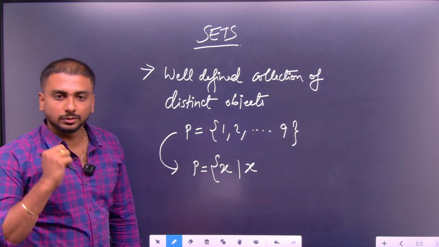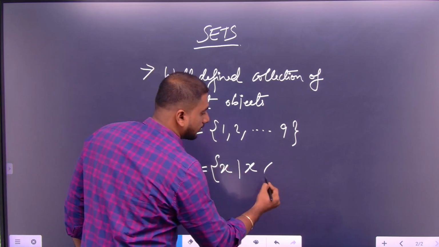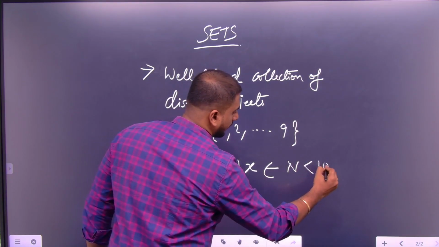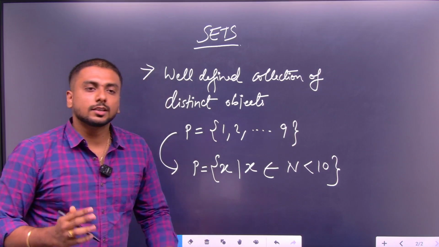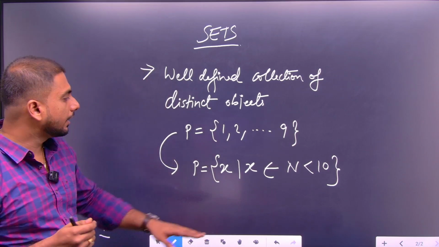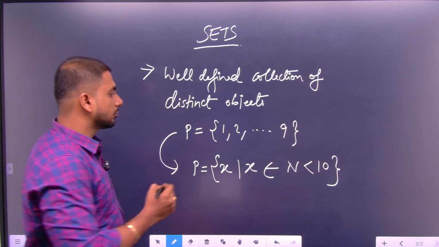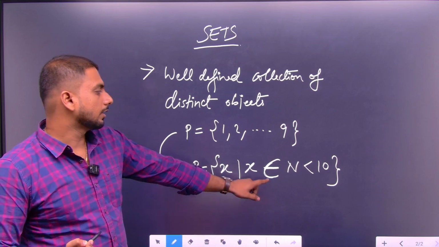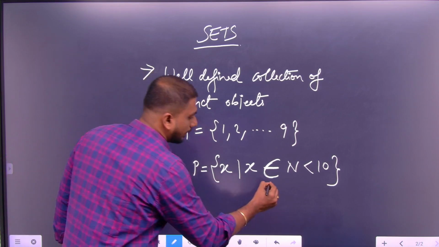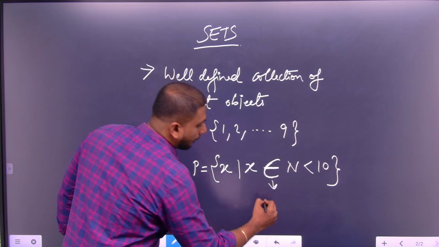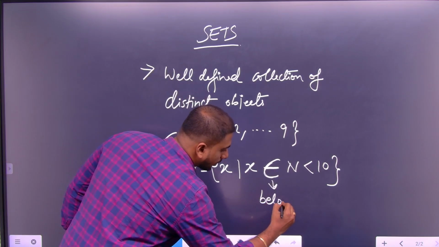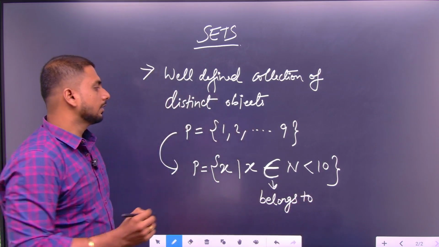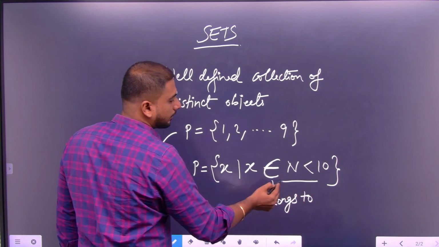This is something new that I will teach you here. x belongs to N, less than 10. So this is how sometimes mathematical statements are cut short and made into smaller groups. This is a Greek letter used in place of "belongs to." Please keep in mind that you can write it this way as well.